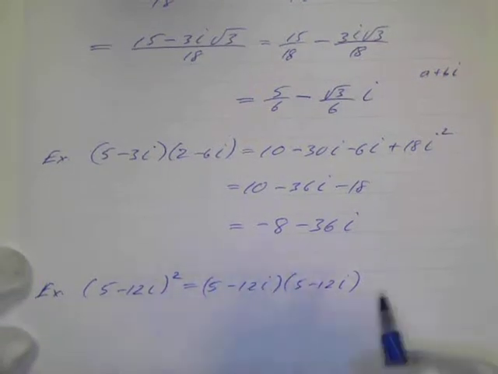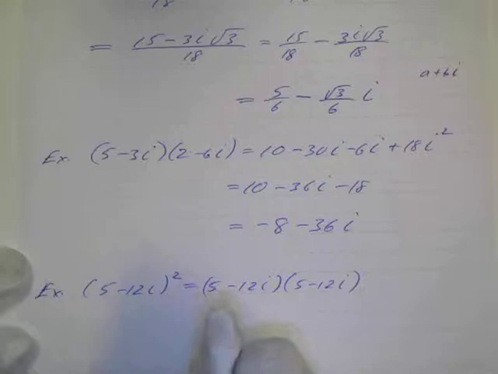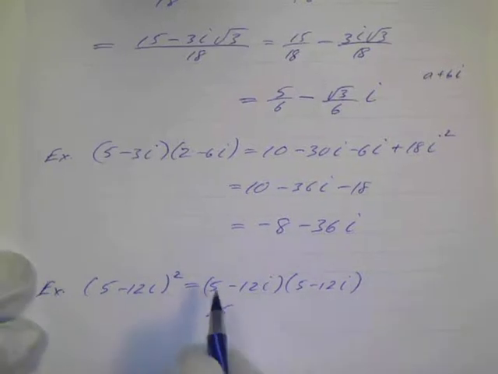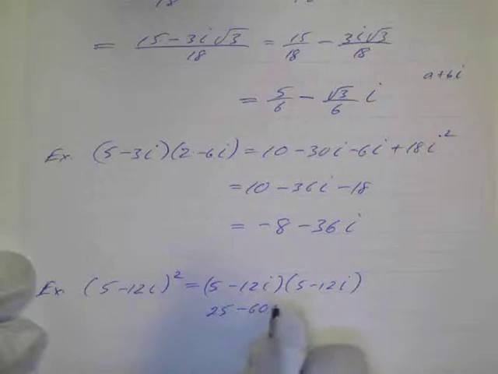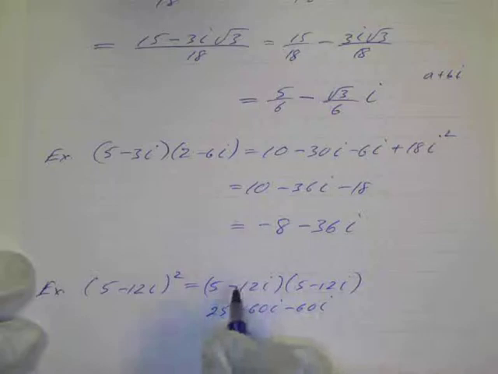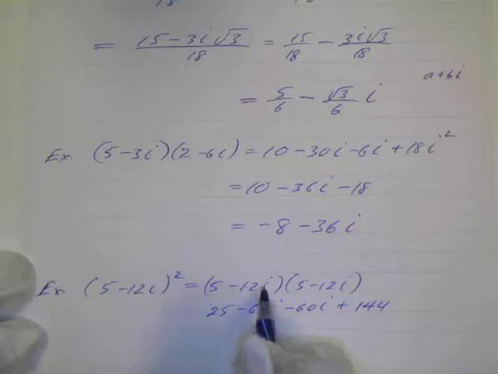And then we FOIL this out. 5 times 5 is 25. And then 5 times negative 12 is negative 60i. And negative 12 times 5 is again another negative 60i. And a negative times a negative is a positive. 12 times 12 is 144. And i times i again is i squared, which is negative 1.